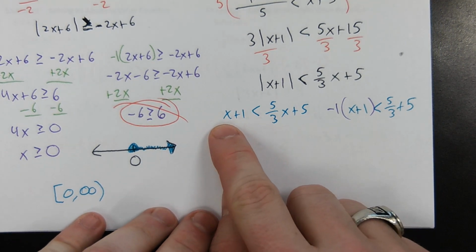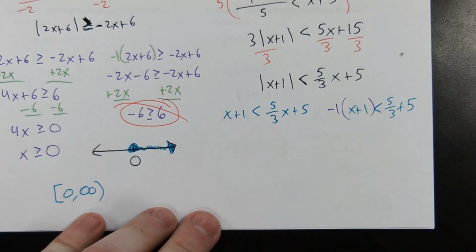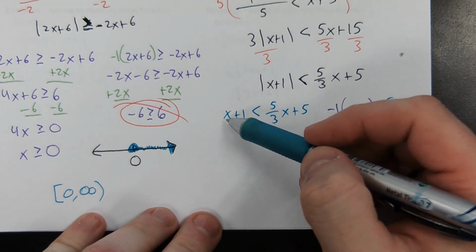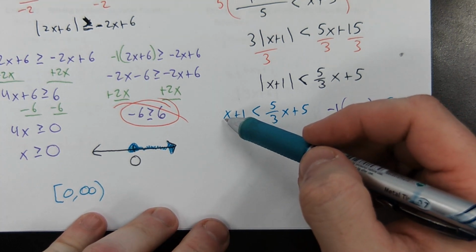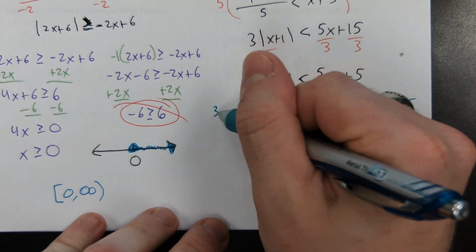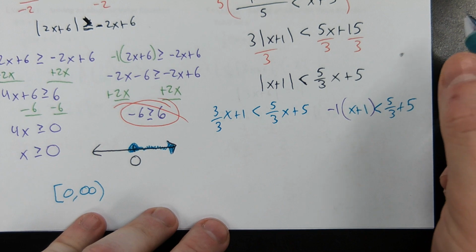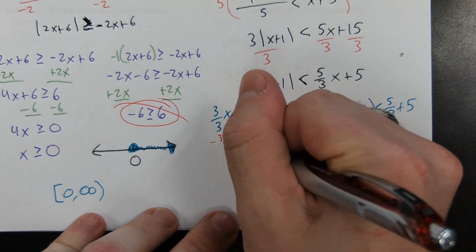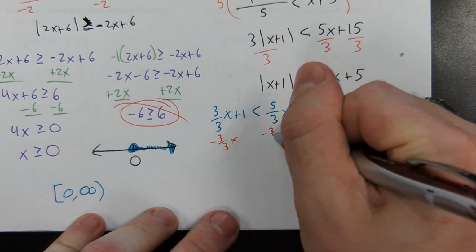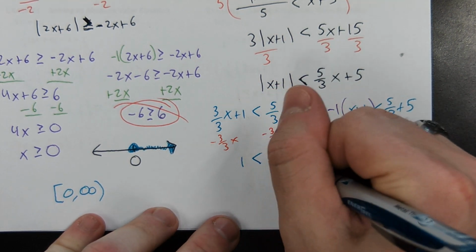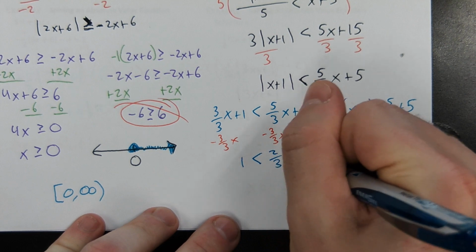You know that this x, you could think of it as 1x, right? You know what's a really convenient denominator for that 1 to have? A 3. I'm going to call it 3 over 3x because that is 1x. So when I subtract my 3 over 3x from both sides, what that gives me is 1 is less than 2 over 3x plus 5.